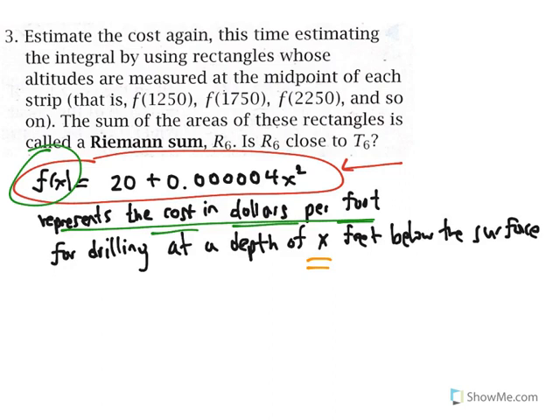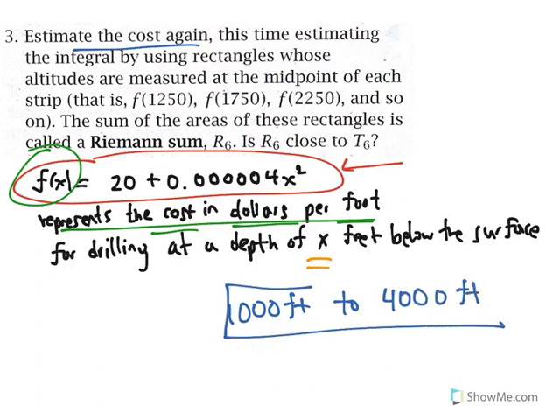So in number 3 it says, estimate the cost of drilling from 1,000 feet to 4,000 feet. What is the cost of drilling an additional 3,000 feet from a depth of 1,000 feet to 4,000 feet? That's what question 3 is asking.